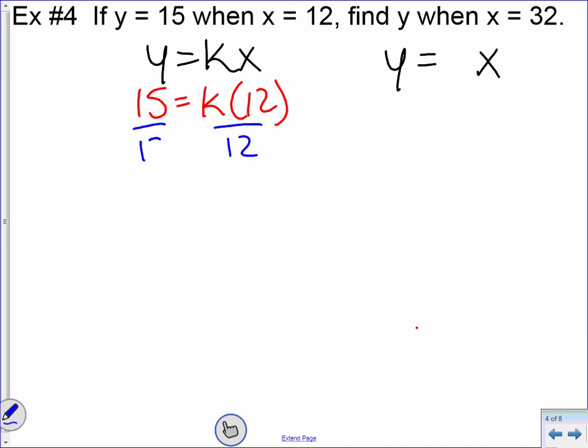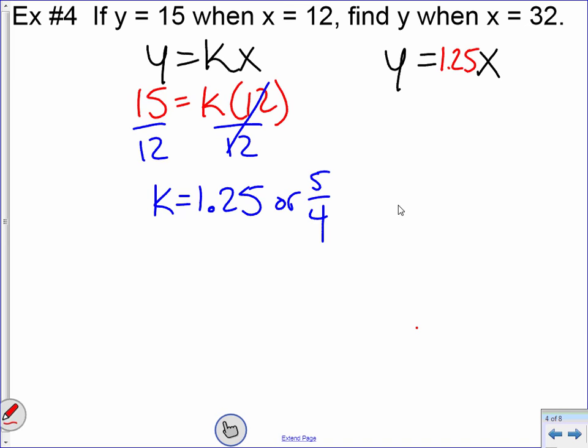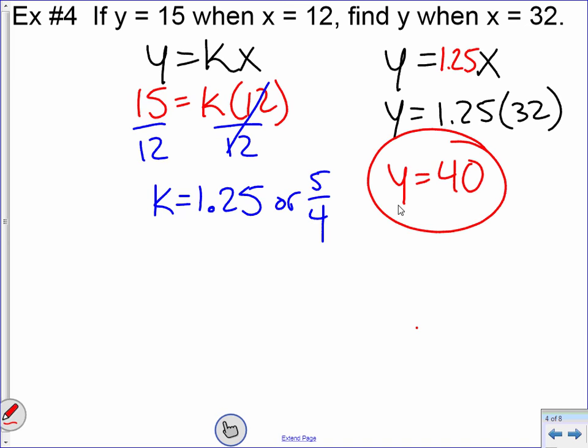Divide by 12, and if you'd like to use a fraction, that's 1 and 1/4, or a decimal, that's 1.25, or a reduced fraction is 5/4. It doesn't make a difference what the k is unless you were trying to graph it. But since I'm not graphing it, I'm going to use the 1.25. Now I'm going to substitute in my 32, because that is what x is. I multiply those together, and I'll find out that y equals 40.